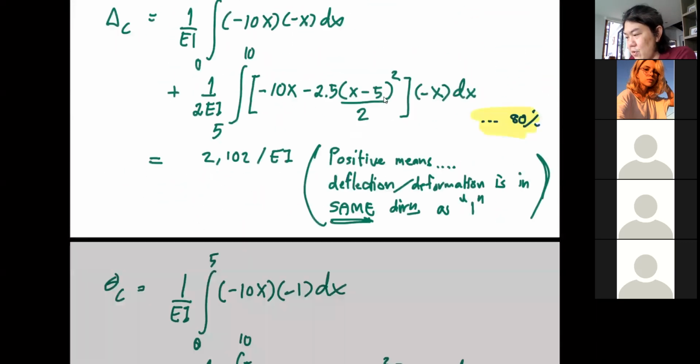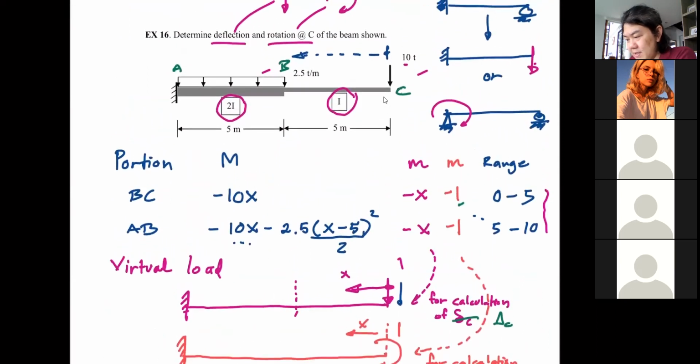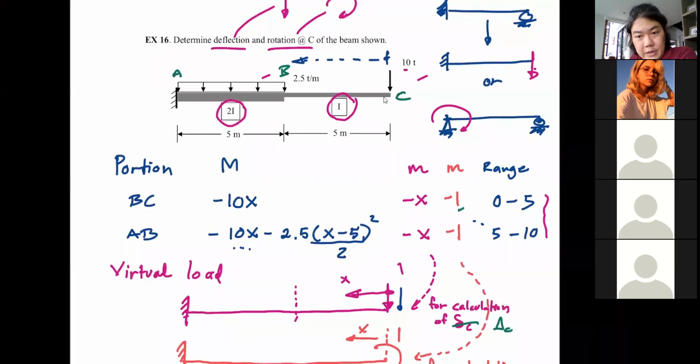I did not show you much of the free body diagram, but I hope this is fine. And you can also alternatively use a different range. For me, you can write the moment equations by using the range from 0 to 5 as well.